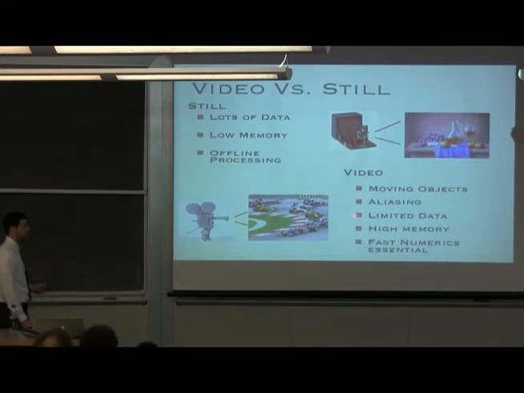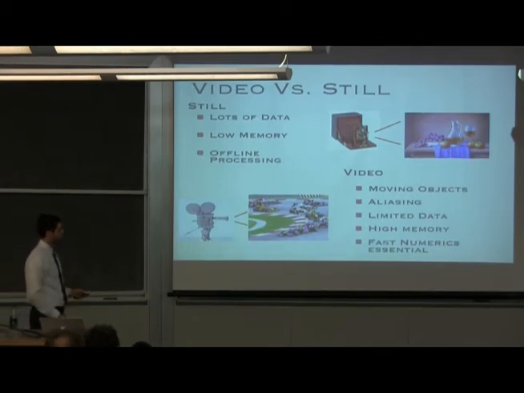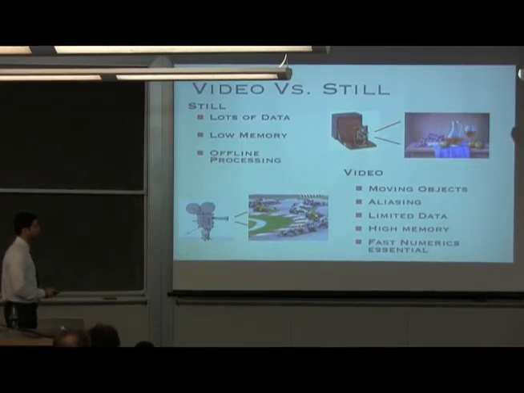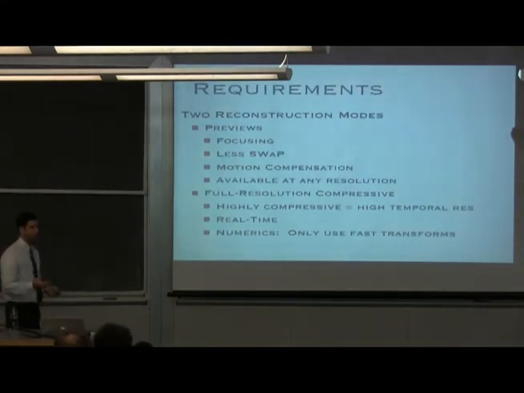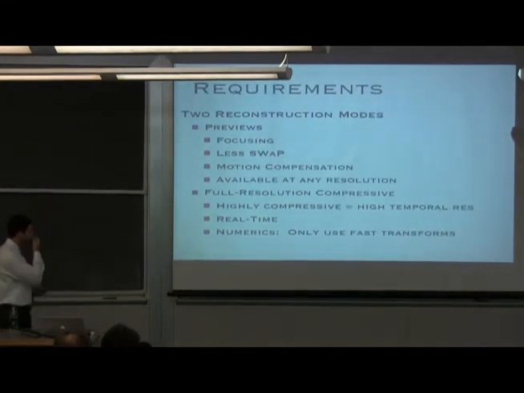There's limited data because we have to acquire data quickly relative to the speed that the objects are moving. High memory requirements because you have to fit a video on the reconstruction device. And for that reason, fast numerical methods are really essential if you want to make this sort of reconstruction happen in real time. So here are some requirements that we would like our video reconstruction to have. First of all, we would like to have two reconstruction modes.